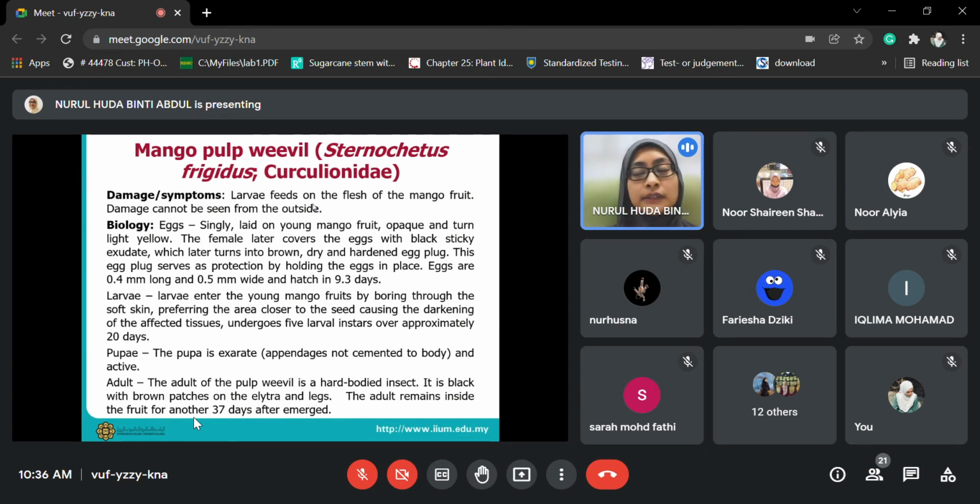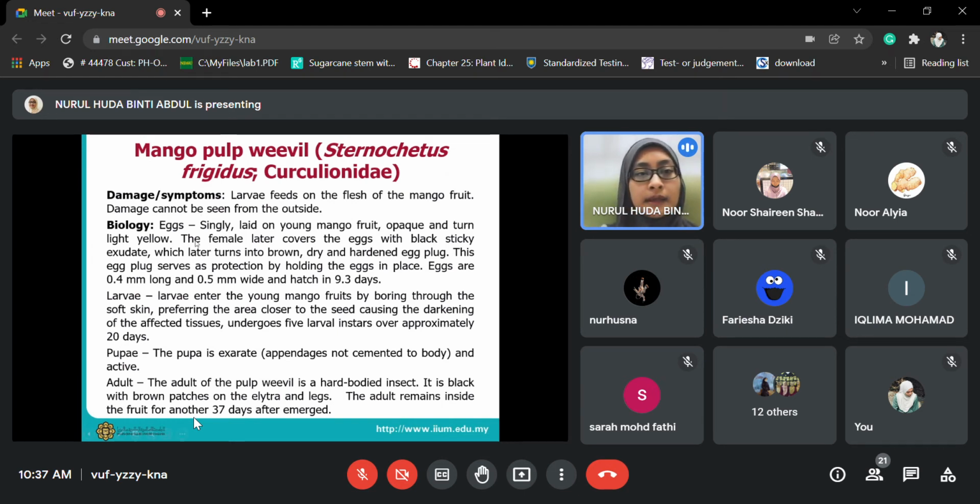Usually there are other cultural methods, later I will explain how to control this kind of pest. For the biology, the eggs are laid singly, meaning it will not lay many. It lays one by one on the surface, the same as the previous one I mentioned on potato. The mother scratches the area and then inserts her egg into the part she scratched.